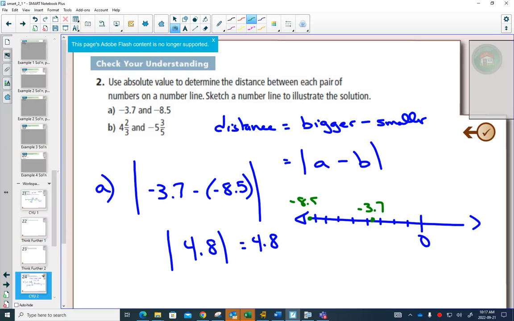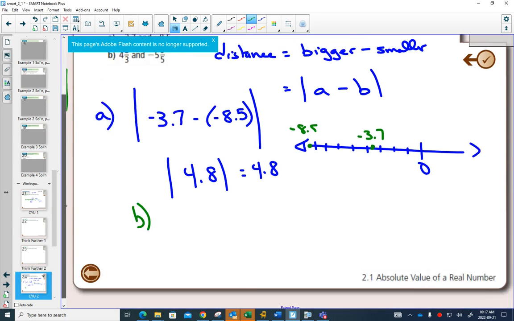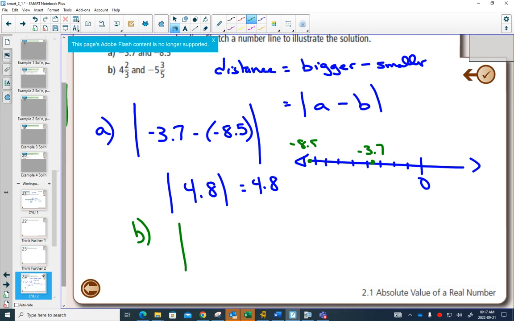This one, it's pretty obvious which one's bigger for part B. I can put it in absolute value, but 4 2/3 is definitely bigger than negative 5 3/5. But I could put it in absolute value bars to figure it out.